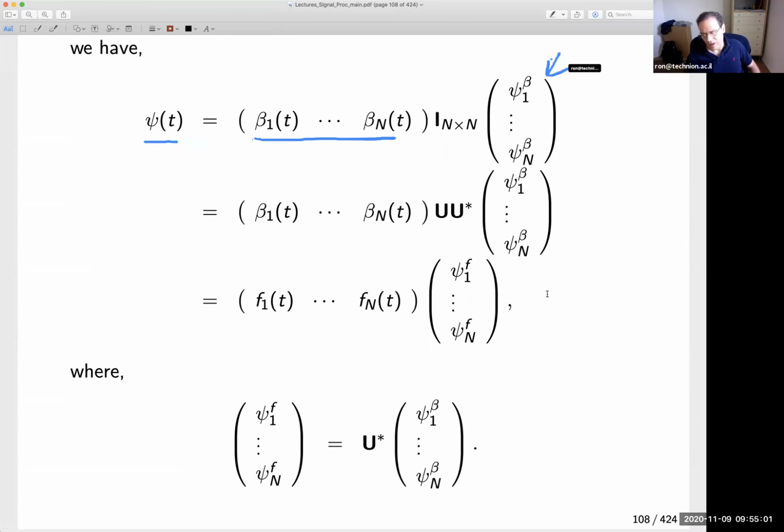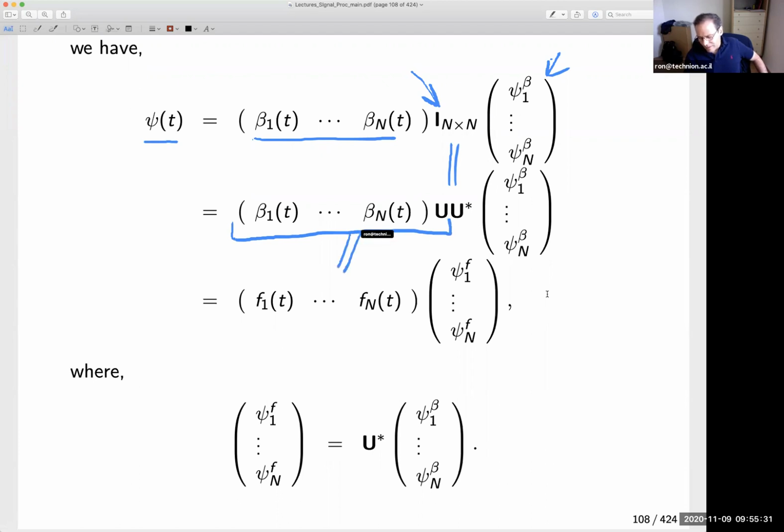Now I do nothing. I just plug in an identity matrix in between. It would have zero effect. Now I expand this identity matrix into two unitary matrices. Okay, I am allowed to do that because I know that the multiplication of two unitary matrices is nothing but the identity, U times U conjugate transpose. Now I know that this beta times U is nothing but the F's.